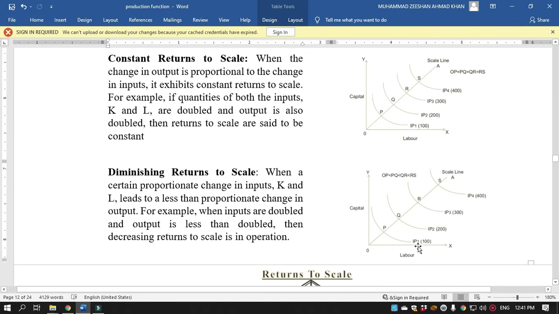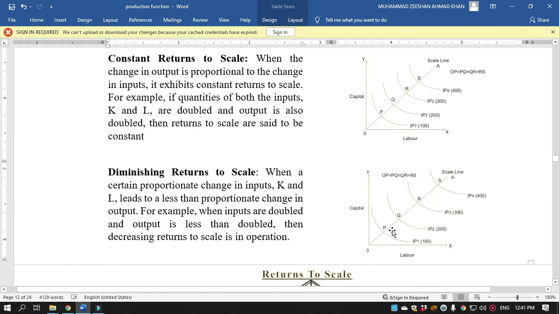You can see that if you are increasing output from 100 to 200, a rise of 100 units of output, it requires more labor and capital from P to Q. But if you are jumping from 200 to 300, producing 100 more output, now you are employing more labor and more capital than the previous one.